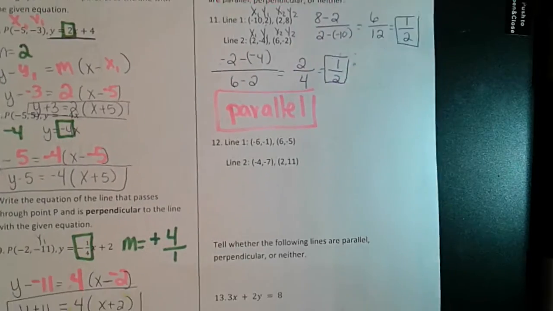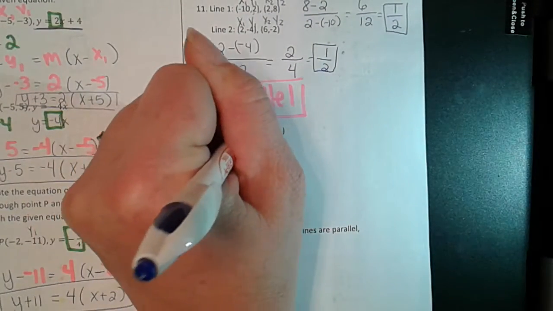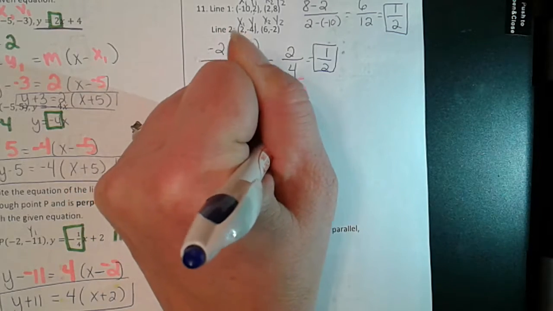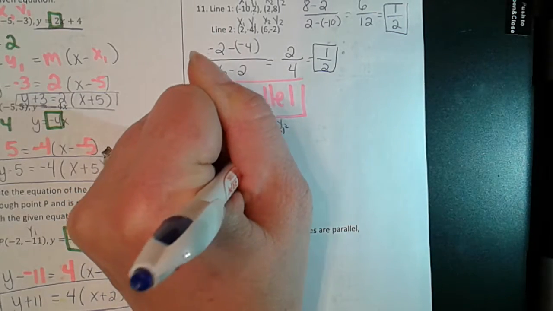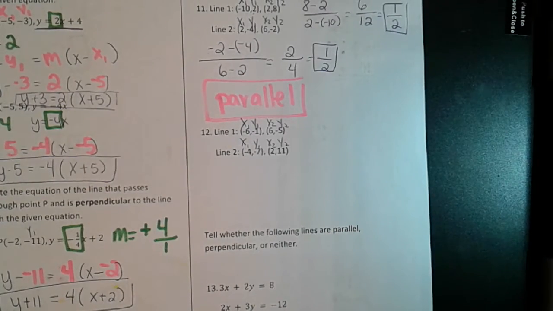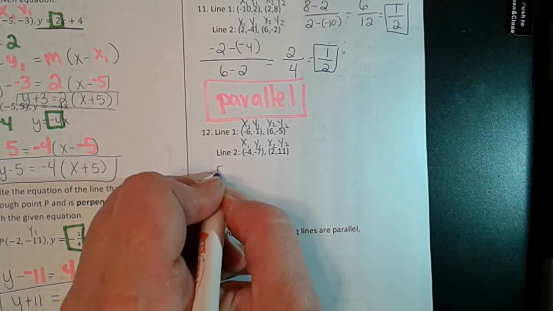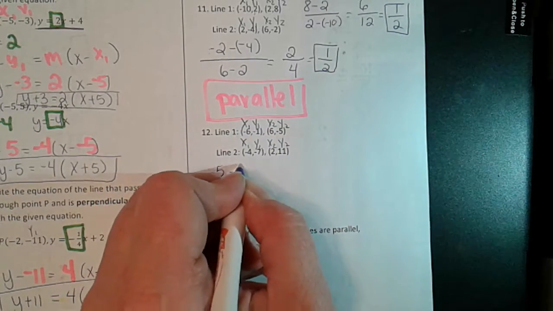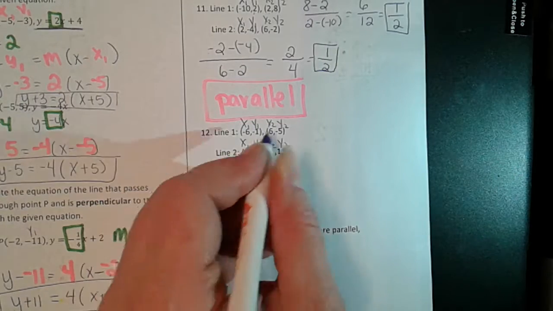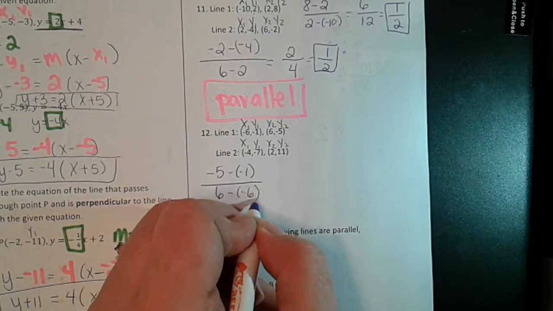All right, let's take a look at this one. Again, we're just going to label x1, y1, x2, y2, x1, y1, x2, y2. And now let's figure out what the slopes of these lines are. The first one is y2, which is negative 5, minus y1, minus negative 1, over x2, 6, minus negative 6.